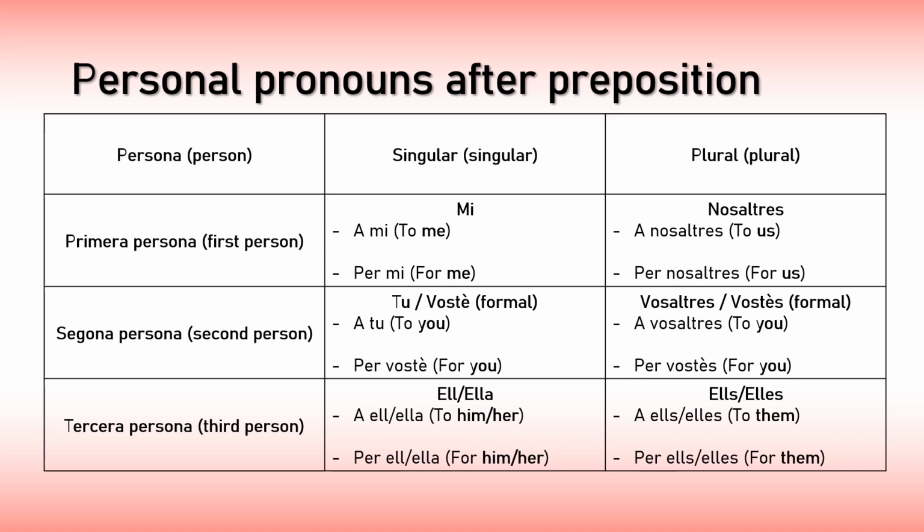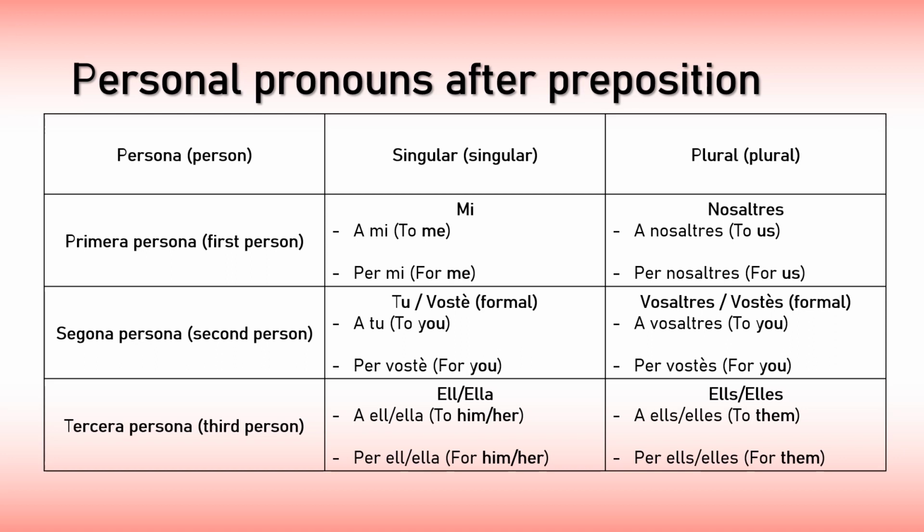In plural, you don't change the pronoun in respect to the subject form, so you also say nosaltres. A nosaltres, to us, and per nosaltres, for us. In the rest of the cases, it's exactly the same. You don't change it in respect to the personal pronoun for the subject.